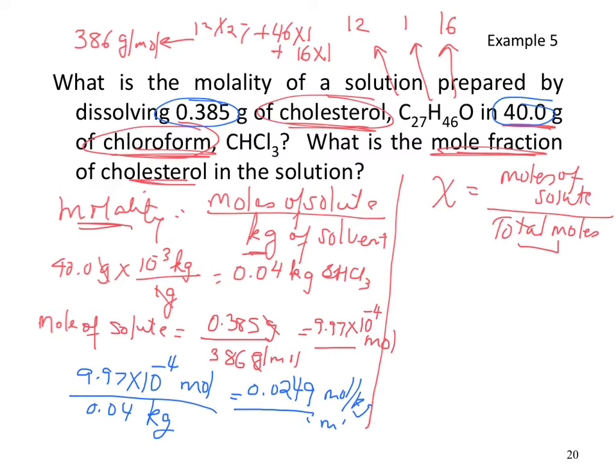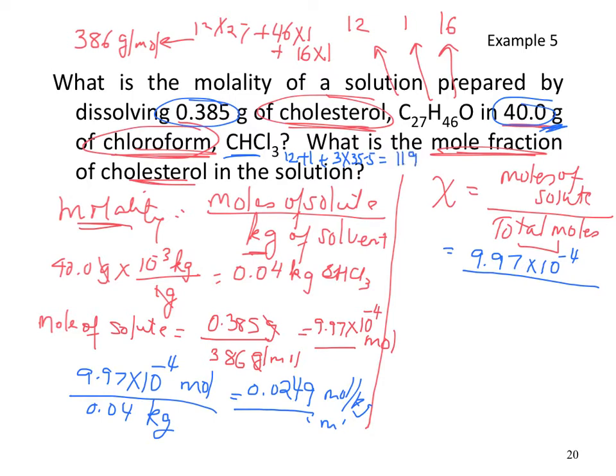Let's take a quick look at the determination of chi. Of course, my numerator, we have determined what that number is going to be, 9.97 times 10 to the power of negative 4. Total number of moles. So if I can divide the grams of chloroform by the molar mass of chloroform by using 12 for carbon, 1 for hydrogen, and 3 times 35.5 for chlorine, I should be able to determine the overall number of moles.